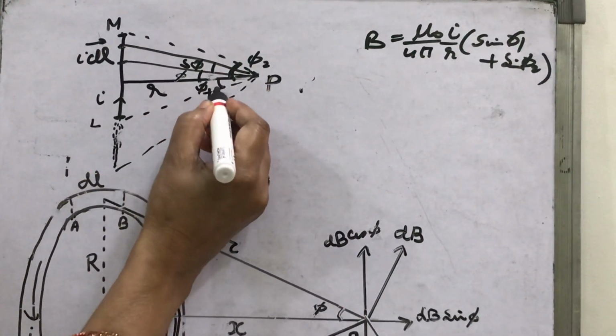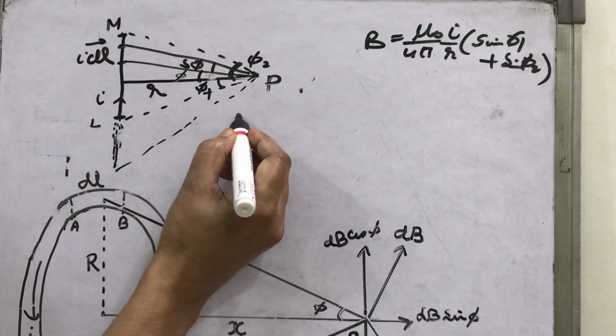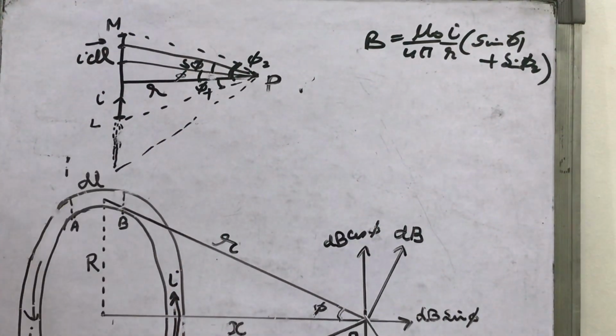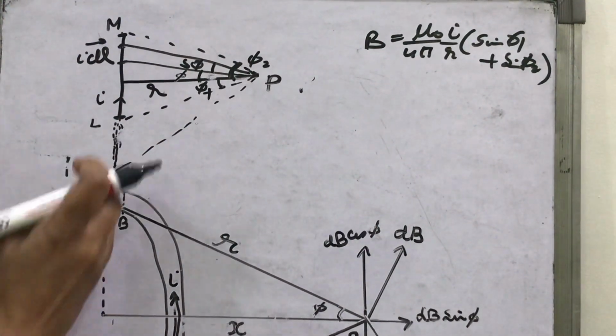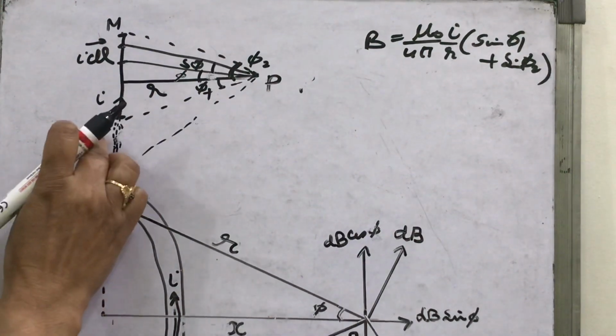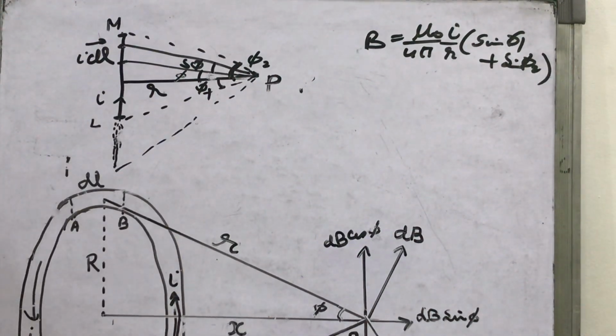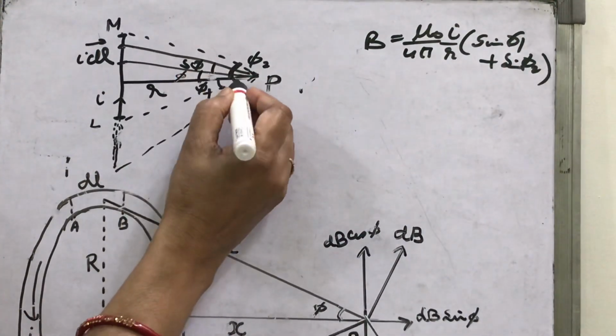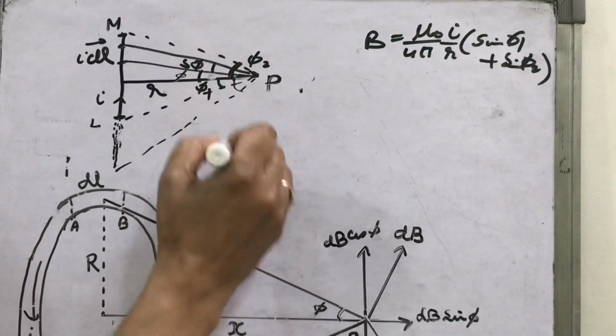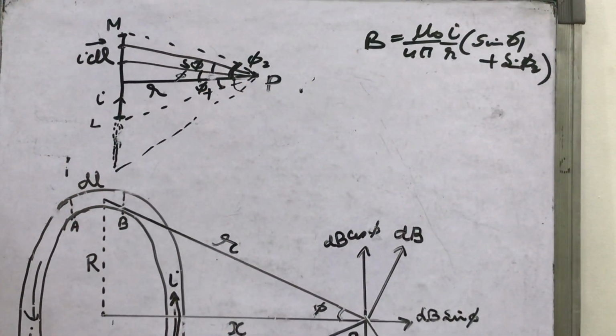The angle phi 1 will keep increasing more and more up to infinity. For infinity, what will it become?